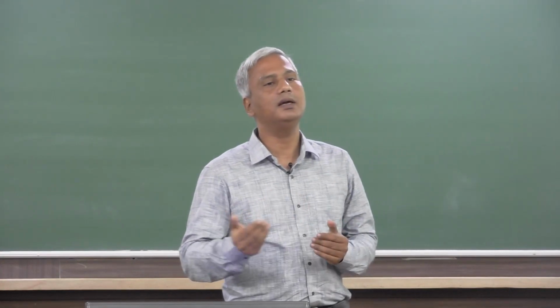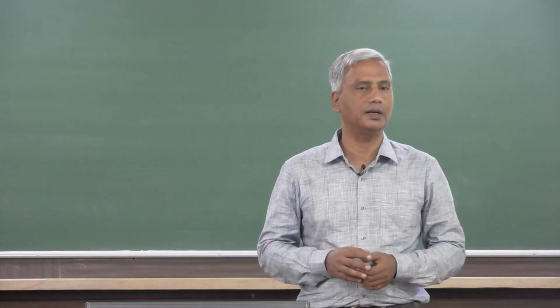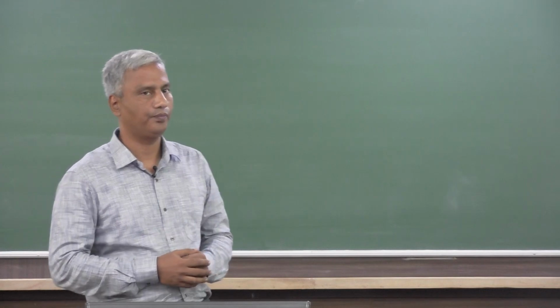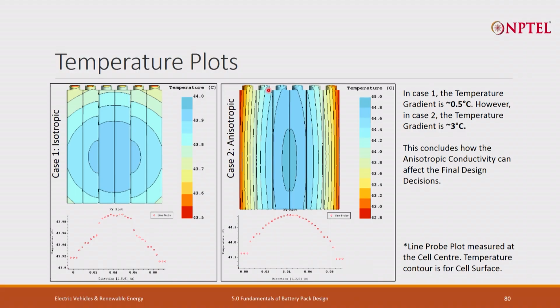That means whatever degradation is happening in one cell because of the temperature, it is almost the same in all the cells. But if you see the second case where we have anisotropic thermal conductivity, my temperature gradient is as high as 3 degrees.